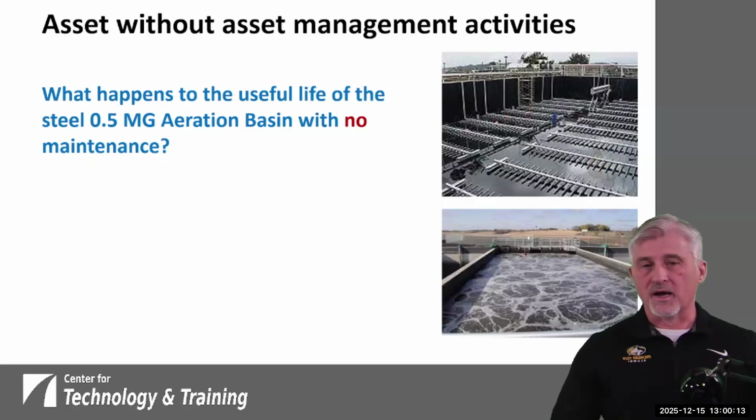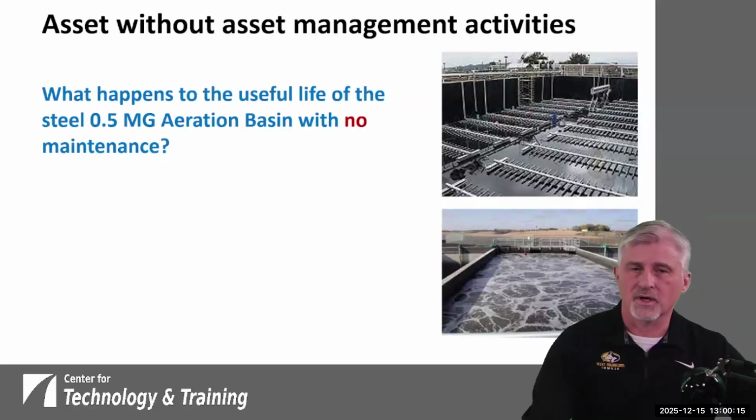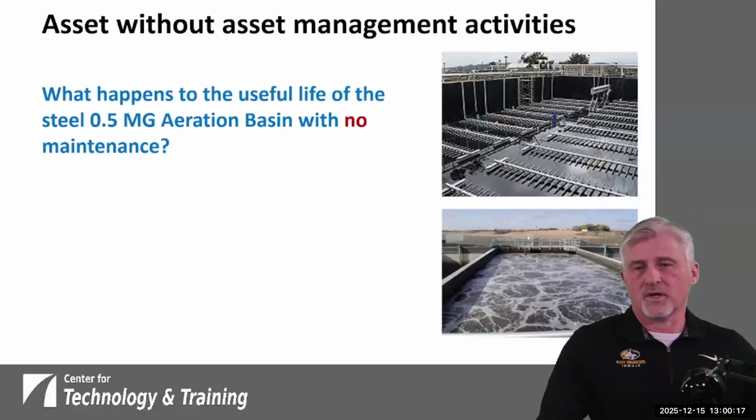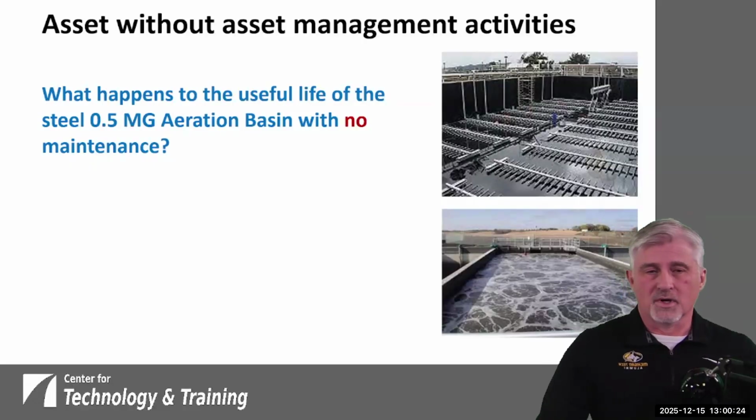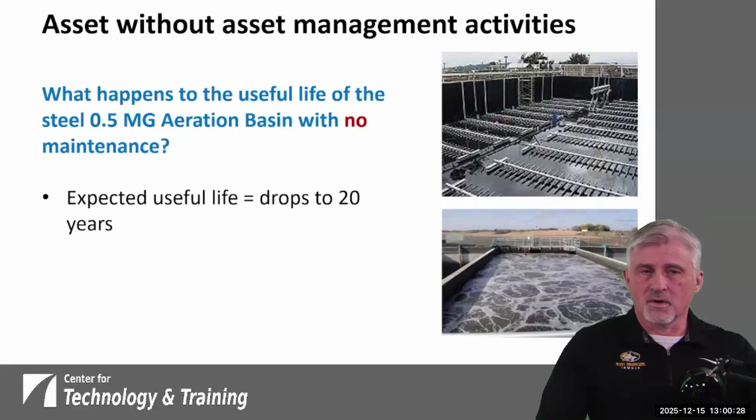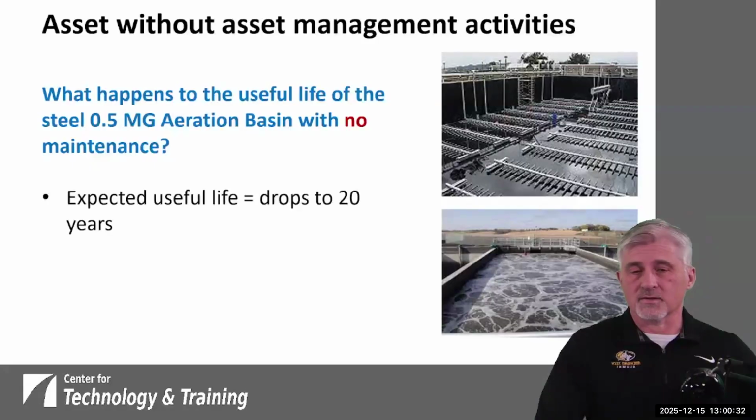All right. So now in comparison, we're going to take that same 500,000 gallon aeration basin, and we're not going to do any maintenance on it. We're just going to run it until it fails. If we do that, it's not likely that it's going to last 50 years. It's probably going to drop down to a 20-year expected useful life.